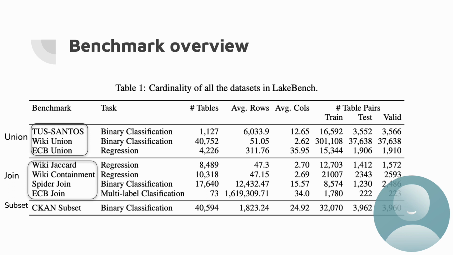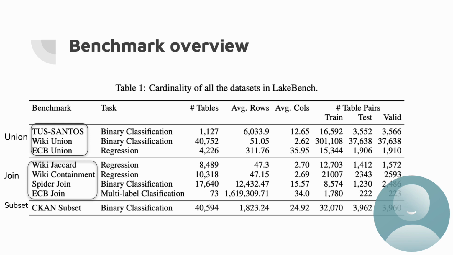And we have a mixture of data sources, such as existing benchmarks like TUS and Santos data, which are actually search benchmarks that we converted into a union benchmark and grouped so that we would get many more examples. Similarly, we have things like wiki union, which are entirely new that we generated from Wikidata.